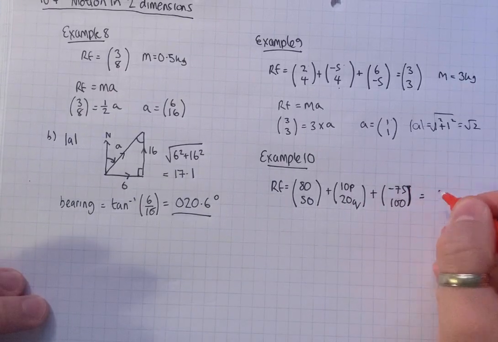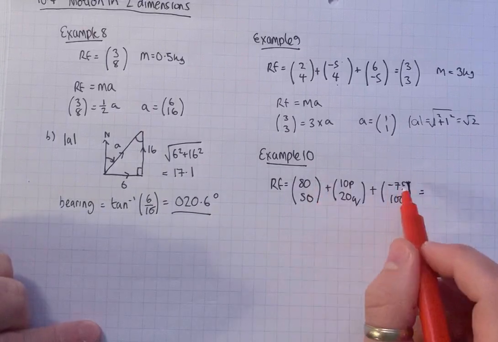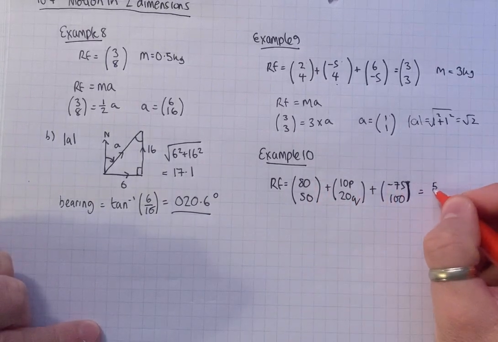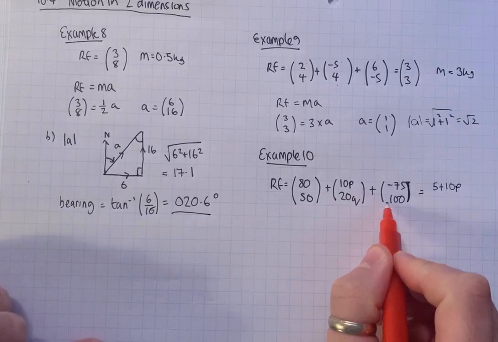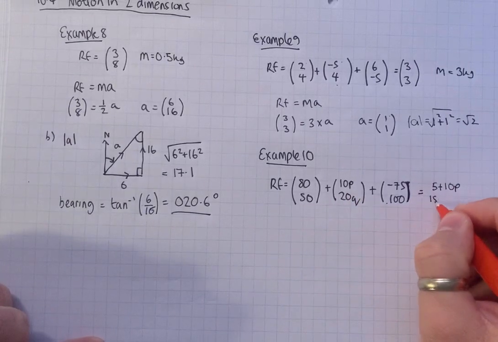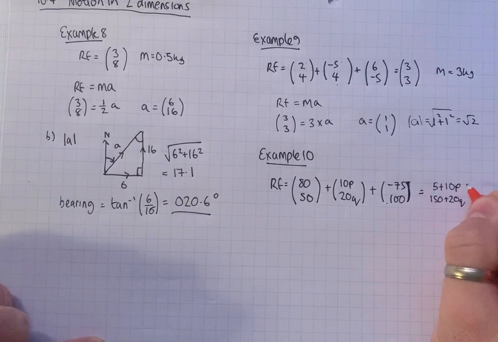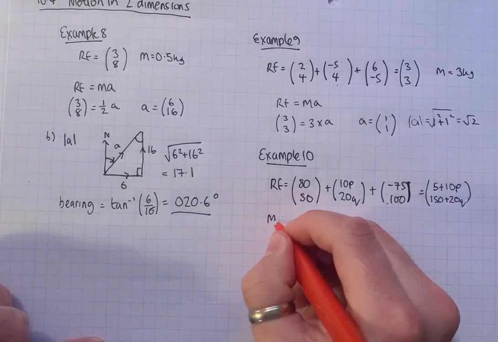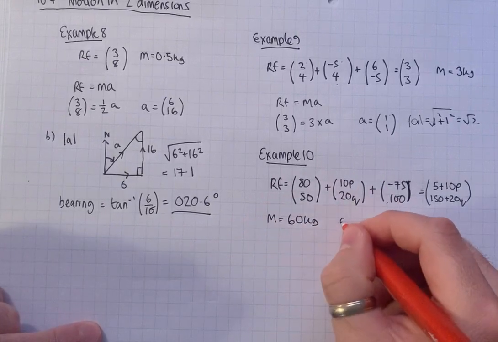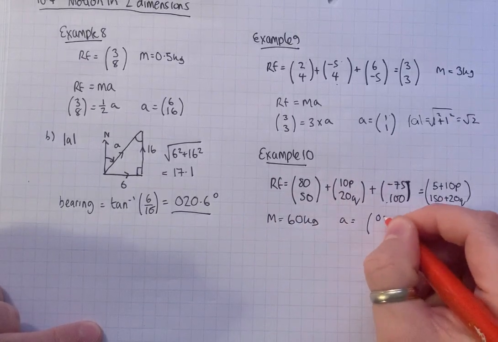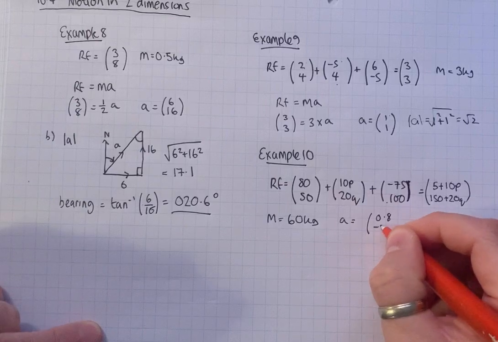Add those together, we get the resultant, so it's going to be 80 minus 75, so 5 plus 10p, 50 plus 100, so 150 plus 20q. Now, its mass was 60 kilograms, and we know the acceleration is 0.8, minus 1.5.